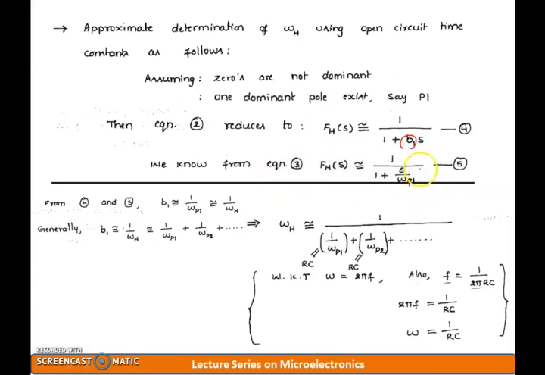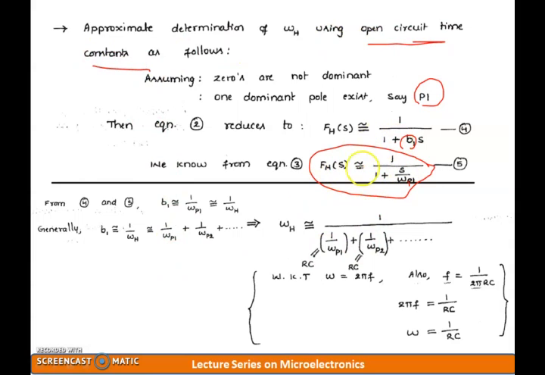So assuming there is only one dominant pole at omega p1, this is the transfer function I am going to get. This is helpful for me to approximately determine omega h using what is known as the open circuit time constant method. Now how do I do it?